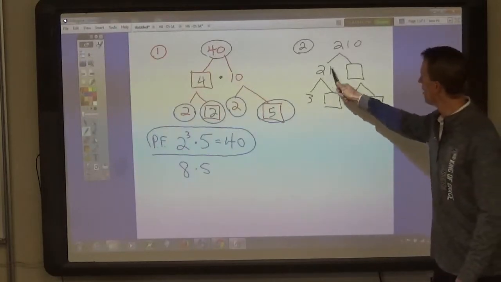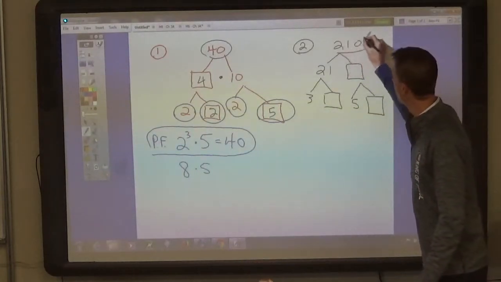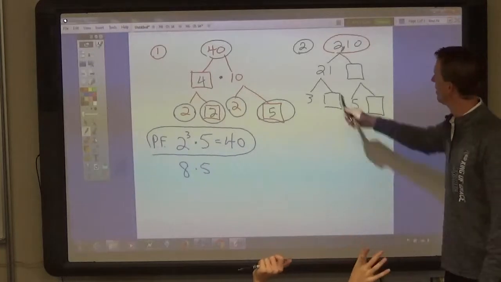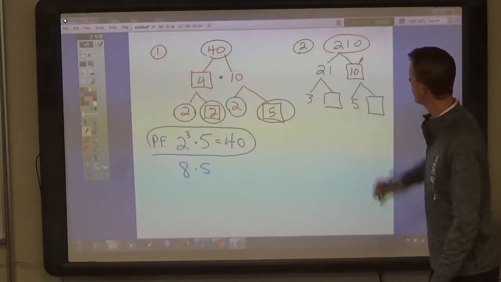So 21 goes into 210 10 times because you just put a 0 on the end.